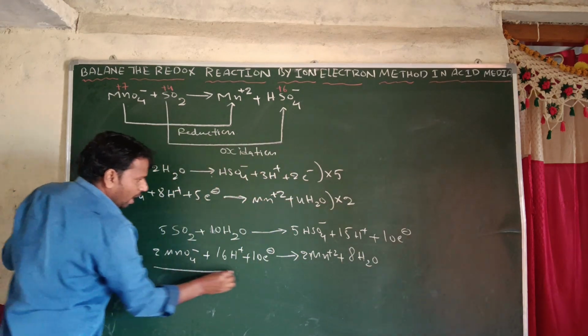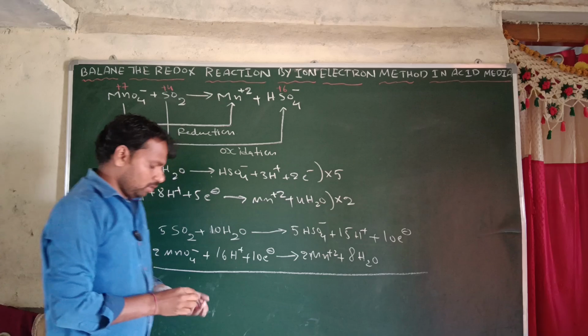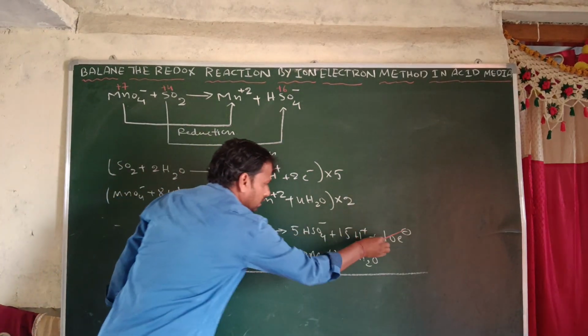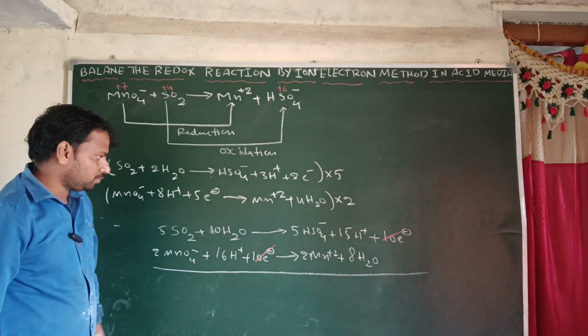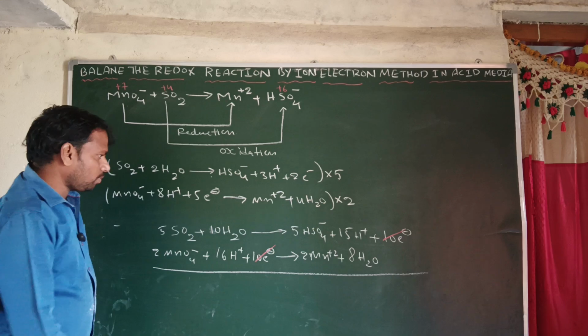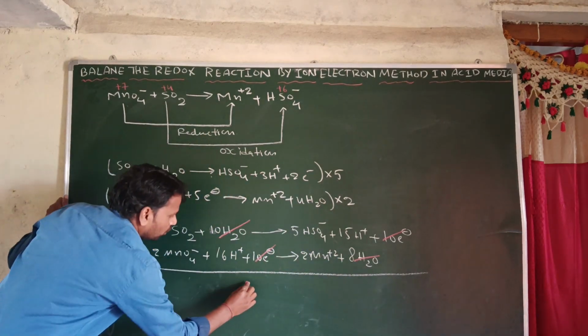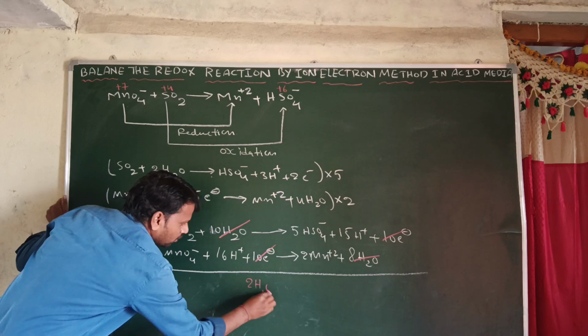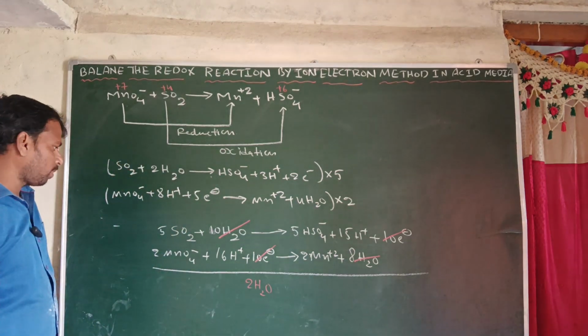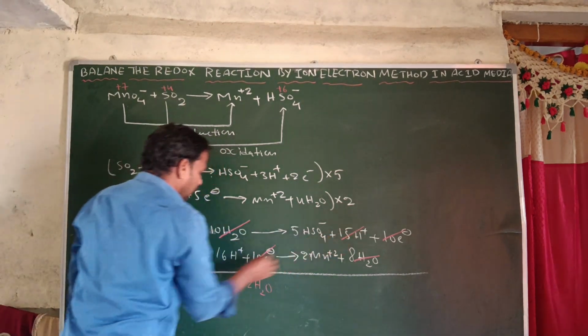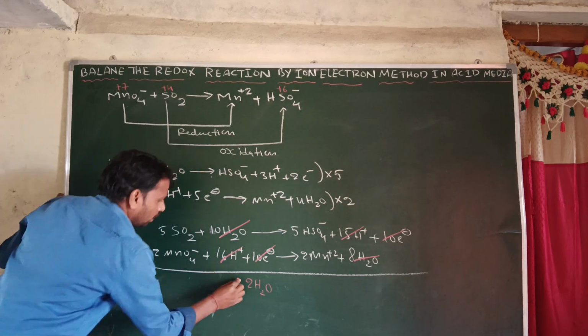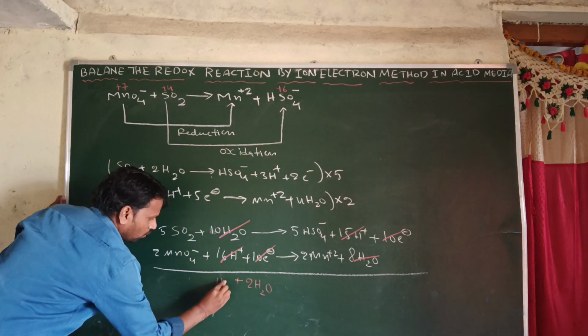So we can add both reactions. 10 electrons and 10 electrons get cancelled. Next, 8 H2O minus 10 H2O, we should write 2 H2O on this side. Next, 15 H plus and 16 H plus, 16 minus 15, we write only one proton.